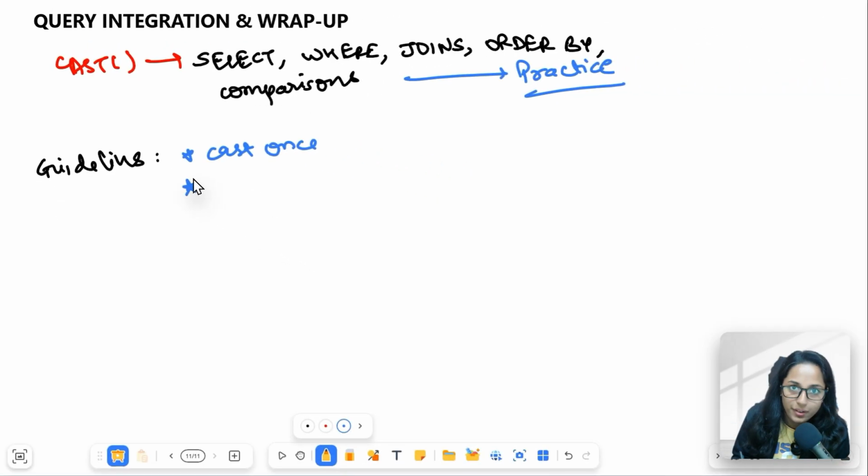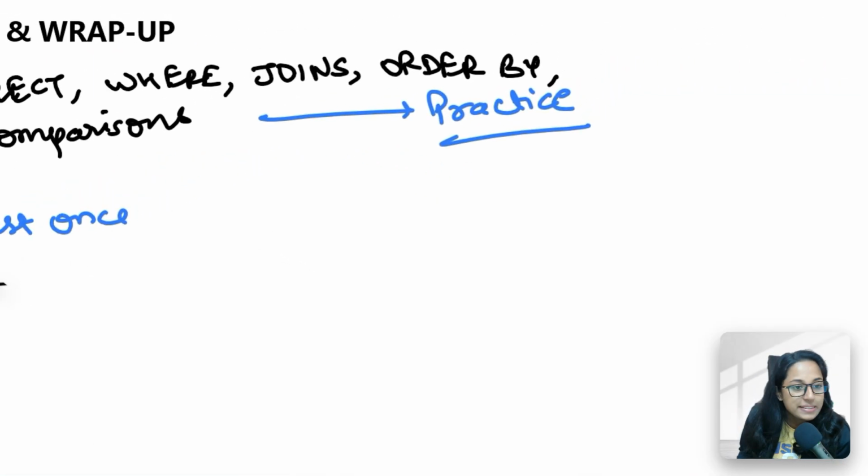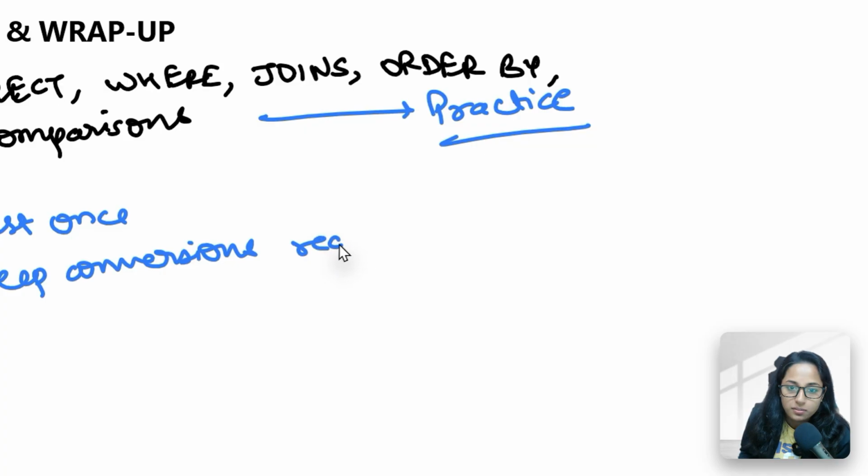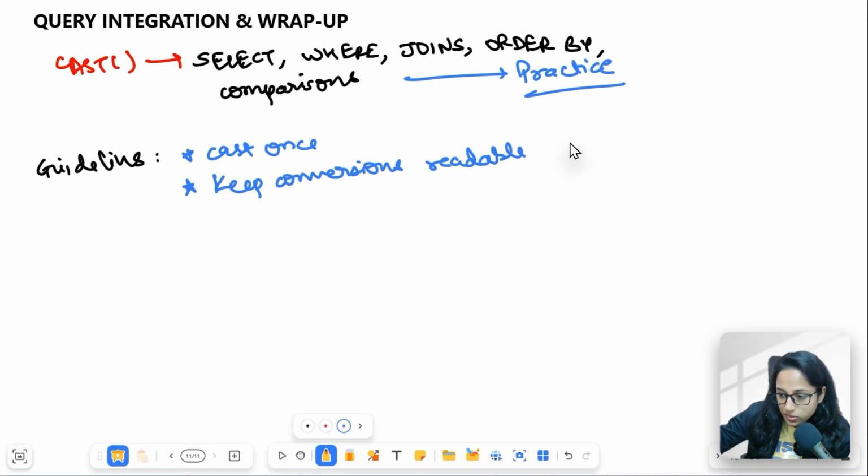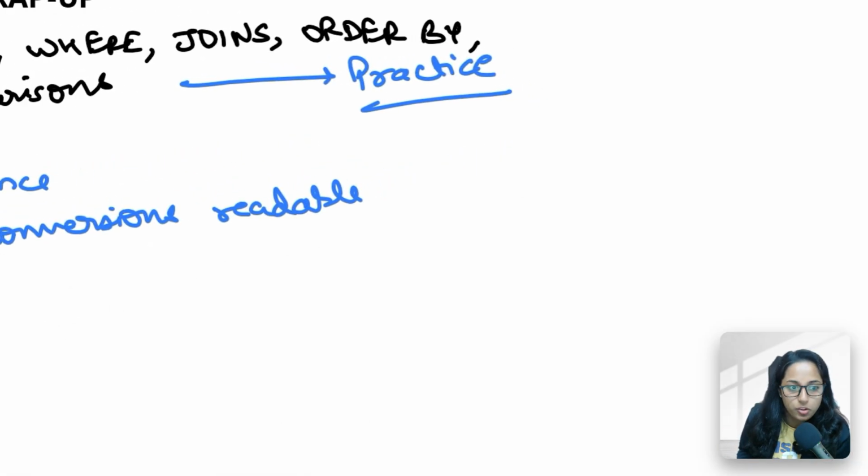If it is required only once, then just stick to that. Keep my conversions readable. It shouldn't be that you are converting it into some random data type which is unnecessary and irrelevant with respect to your table and the query.